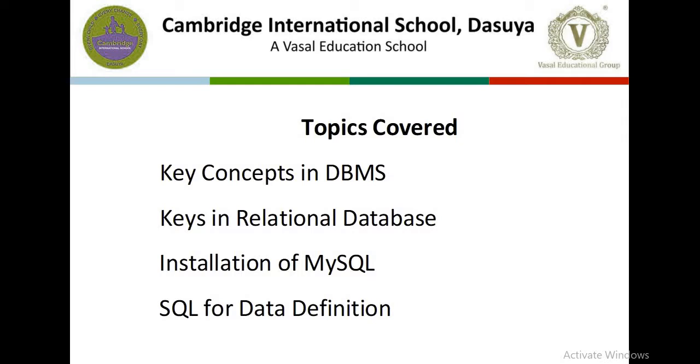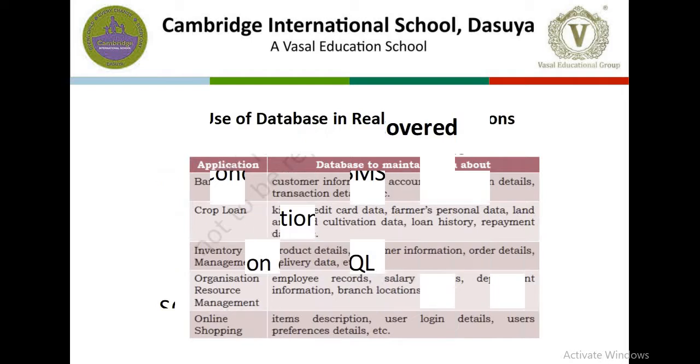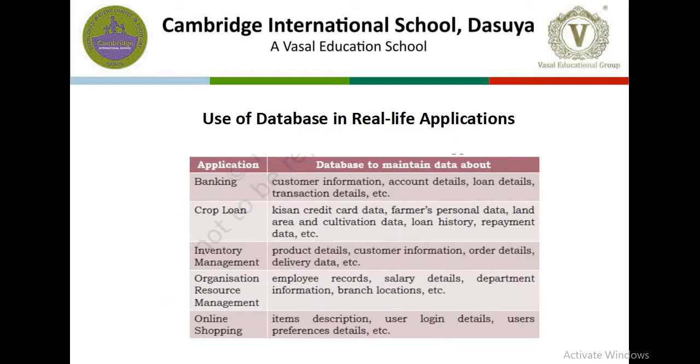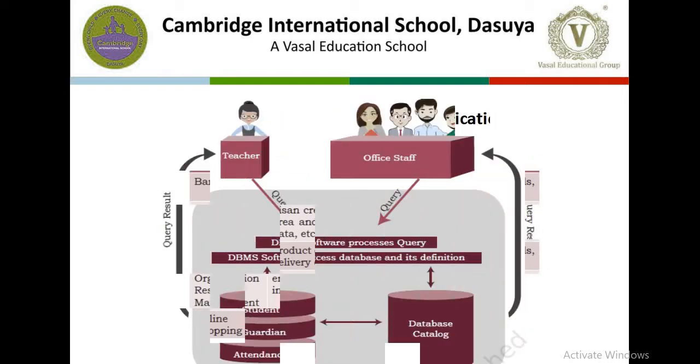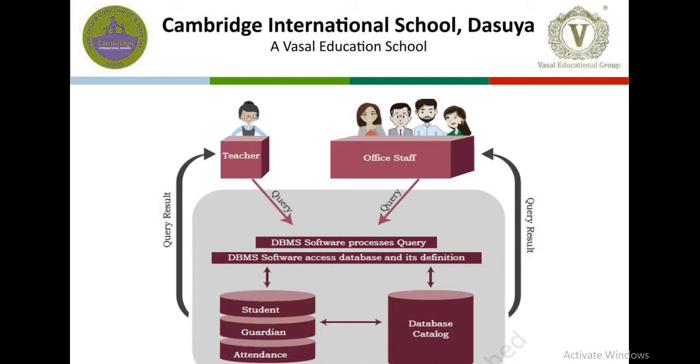Data manipulation is then basically populating the data inside our database. So we are moving step by step. Then we covered the different areas of application for databases. We took the example of the school where we can use our database concept.